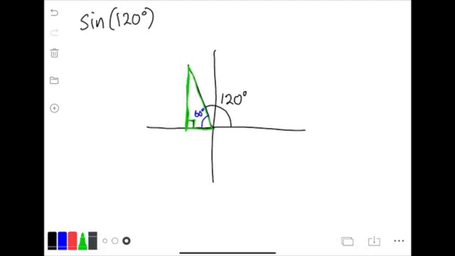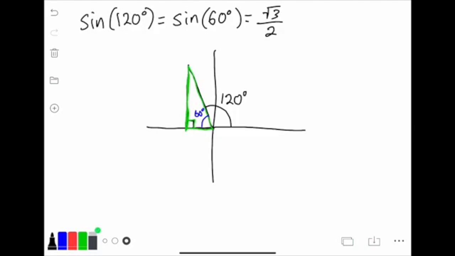So really, in order to figure out sine of 120 degrees, all we have to do is, it's going to be the same exact value as sine of 60 degrees. And that's an angle that we should know. That would be square root of 3 over 2. Again, because that is a special angle, so we should know the exact answer because of the special right triangle.